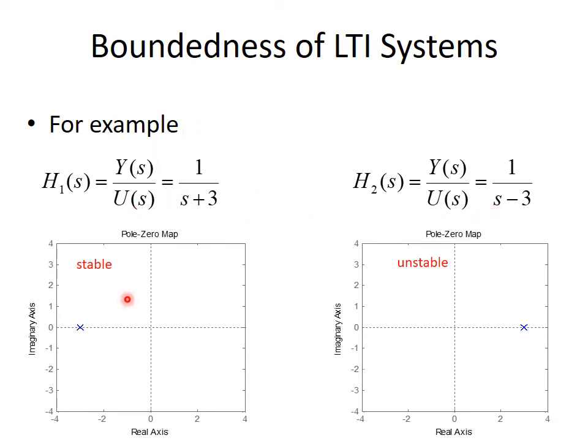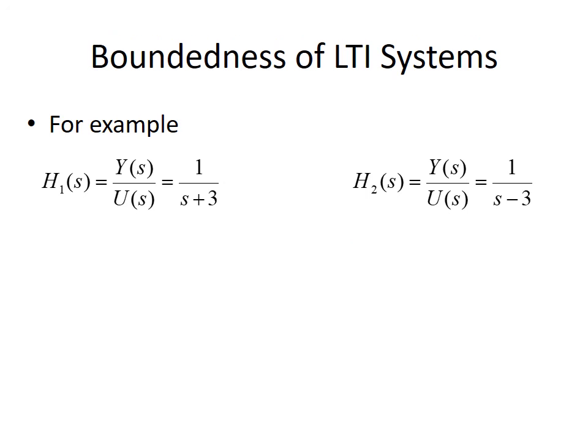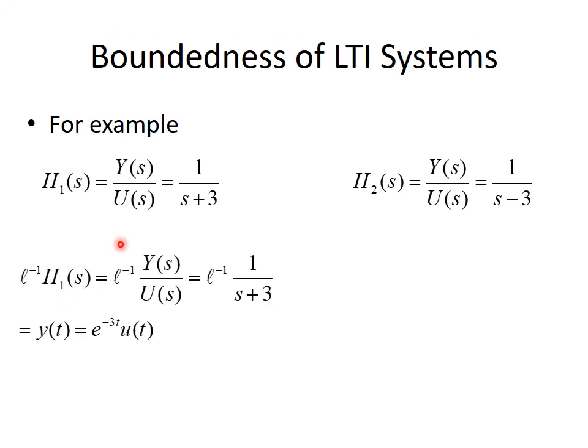So to elaborate this, let us consider two systems, one which is stable by our definition and another unstable, right? So this one has one pole in the left half plane and another has the same pole of the same magnitude but in the right half plane, right? So this one is stable and this one is unstable. If we take the inverse Laplace in both cases, the inverse Laplace of this would be e to the power minus 3t, a decaying exponential which is bounded, right, when a unit step input is applied.